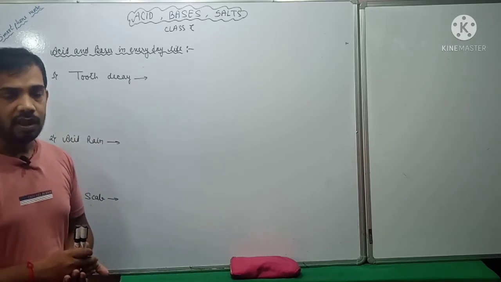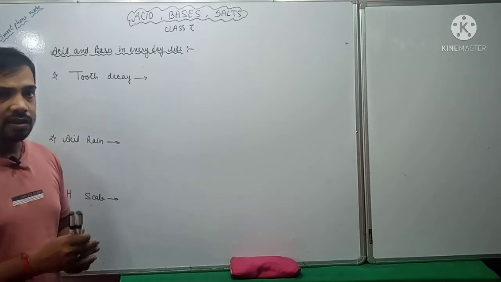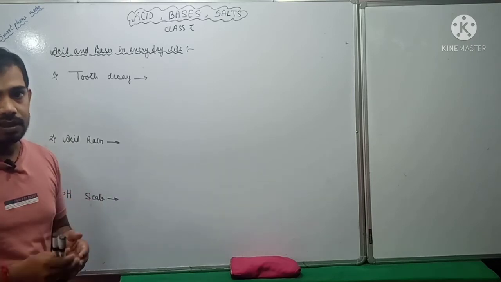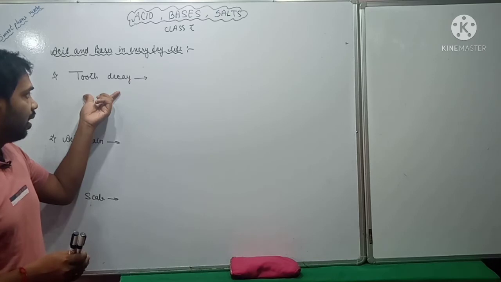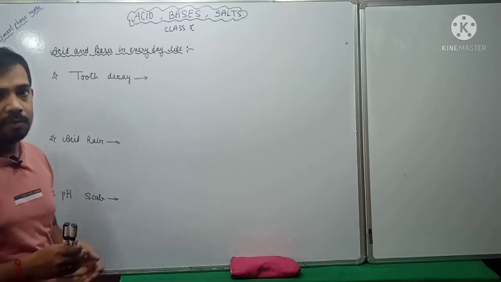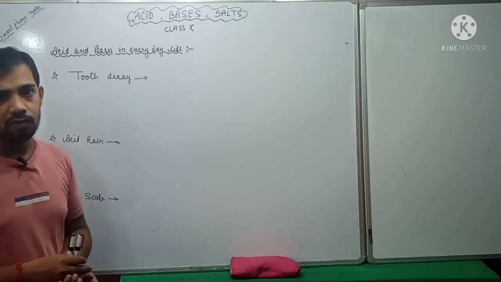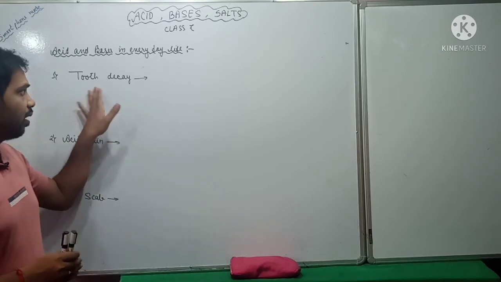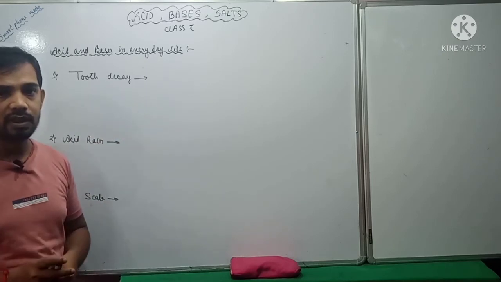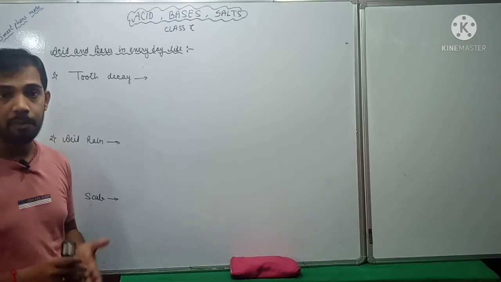Now what happens is that these bacteria turn this sugar slightly acidic. Due to the formation of acid in our mouth, there may be damage to our teeth, which causes tooth decay. Now why is tooth decay caused? Tooth decay is caused basically due to the bacteria present in our mouth.